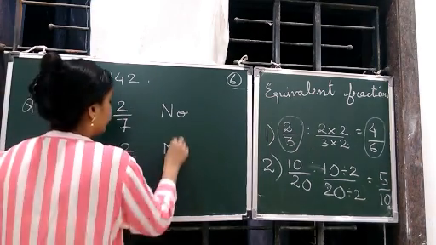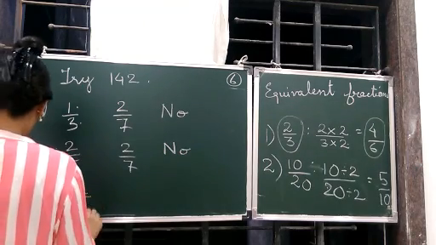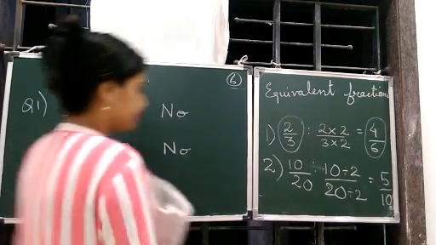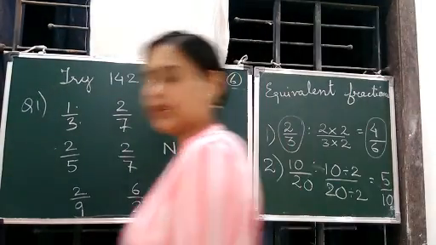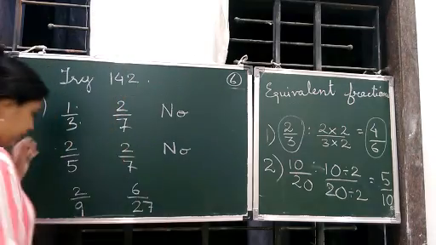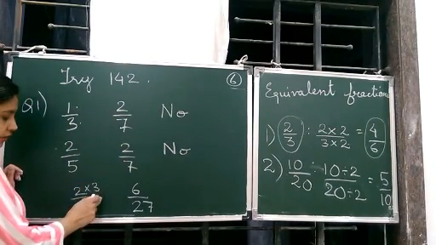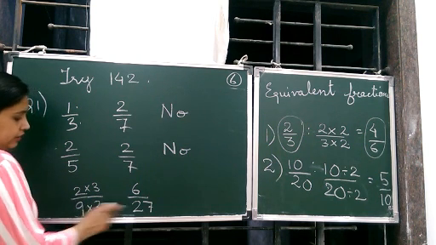So again, no. And then 2 by 9 and 6 by 27. Check whether if you multiply something you get 6 and 27. Yes, 2 3s are 6. So you multiply 3 on top, you have to multiply 3 on the bottom also, 9 3s are 27.